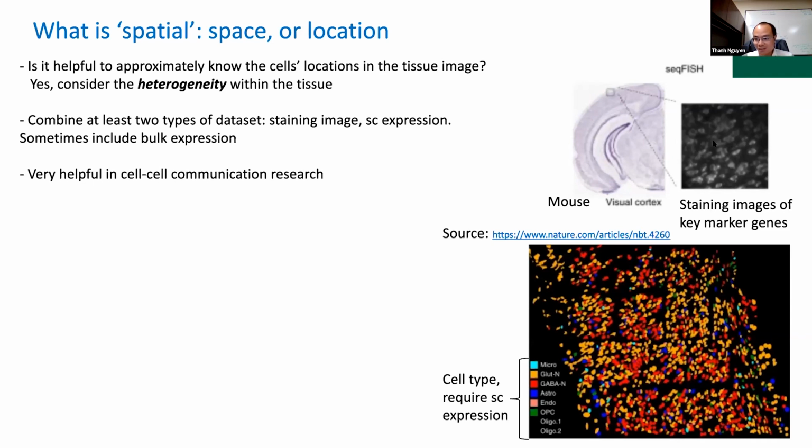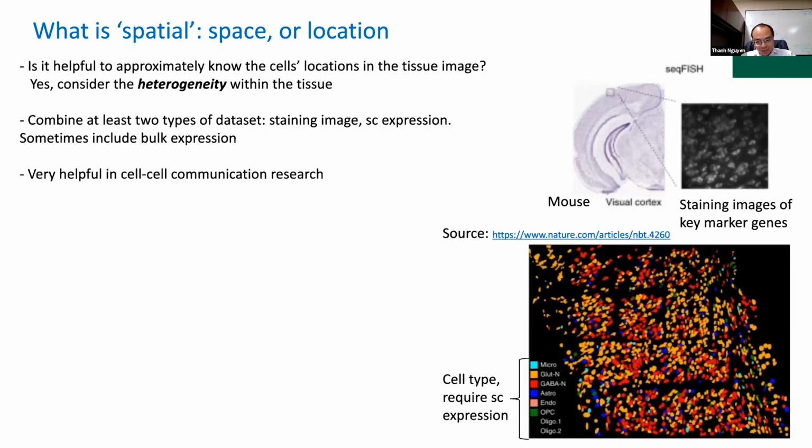From here they got a staining image, and they use a microscope to see a lot of cells over here, zooming at about 100x, and they can see many of the cell types in just a small piece over here, and they seem to be in different locations in this small snapshot.